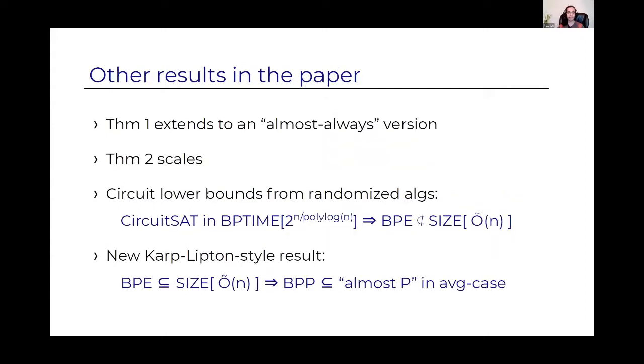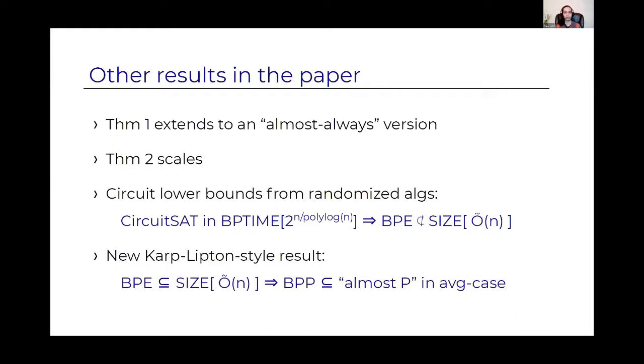And for the last slide, let me briefly say a word about a couple of other results in the paper. The first theorem with de-randomization extends to an almost everywhere version, which has been a long-standing gap there. The second theorem about the equivalence conjecture scales, but non-trivially, not in the same way, to various other parameter regimes.